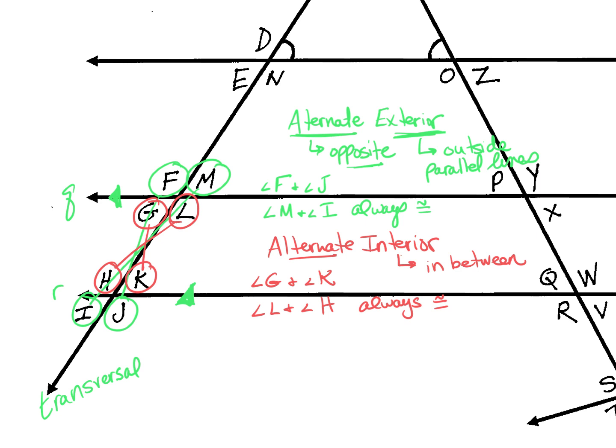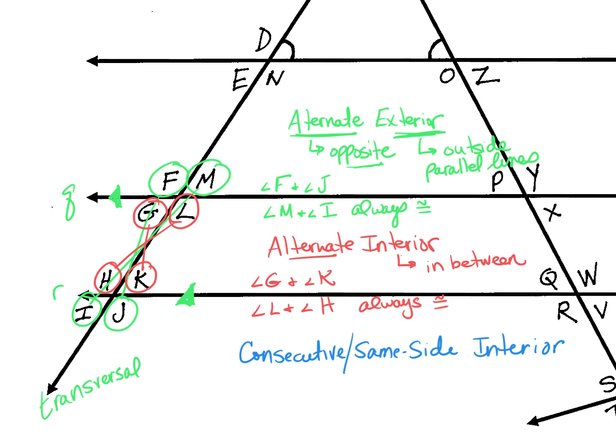The third is what we call consecutive or same side. Your book uses consecutive; I learned same side interior. We already know they're on the inside, but consecutive means one right after the other, or on the same side of the transversal.